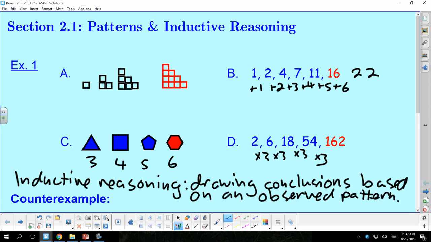Drawing conclusions based on some observed pattern. So much of what we want to do in math and in school in general is make conclusions, right? Be able to prove things. Inductive reasoning, we're just looking at the pattern. The drawback for inductive reasoning is we can't always assume that the pattern continues on indefinitely in that same manner.